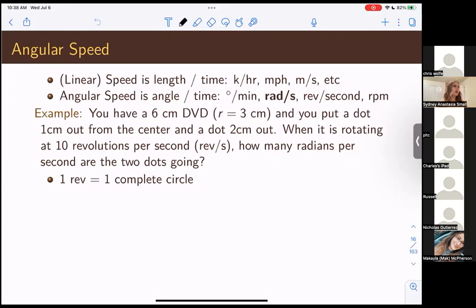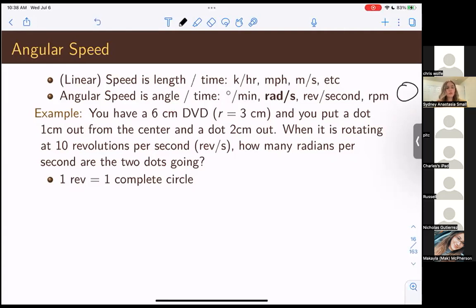And then angular speed is a little different. Instead of talking about a length, as in like feet or meters or miles, we talk about an angle. So we would talk about like 60 degrees per minute or a number of radians per minute or radians per second. We can also talk about revolutions, which is just if we have a circle, we think about going around the circle once as being a revolution.